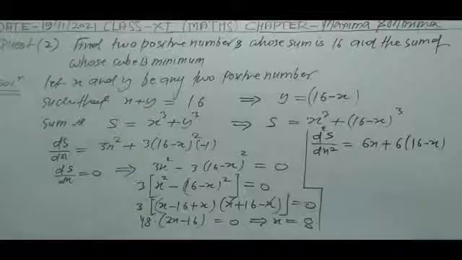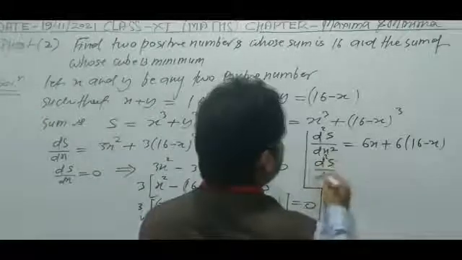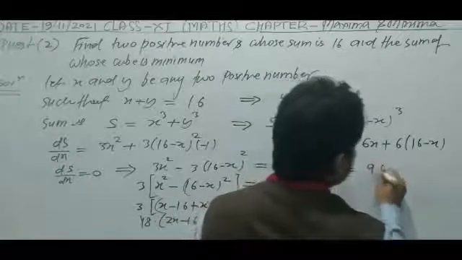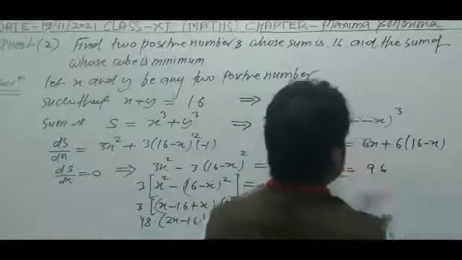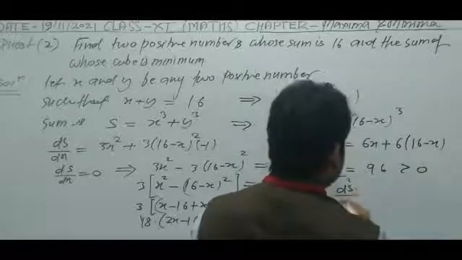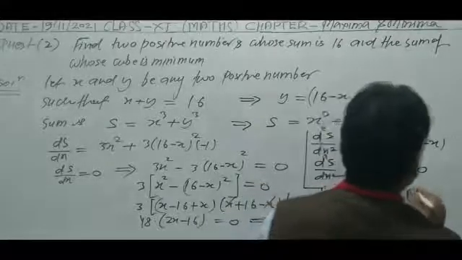So minus 6x and plus 6x cancel out, and you get 6 times 16, which is 96. So d2S upon dx square is equal to 96, which is greater than 0. This shows a minimum.